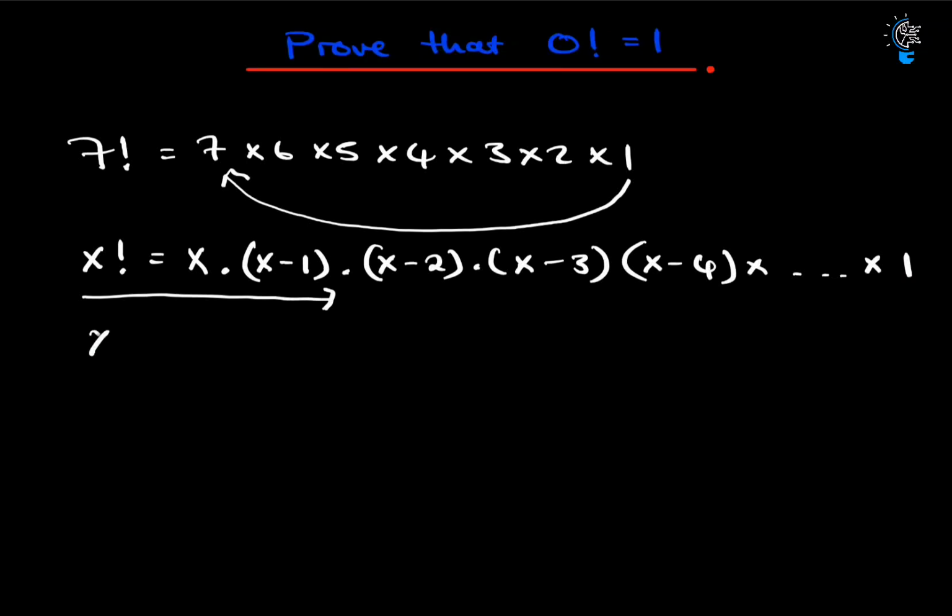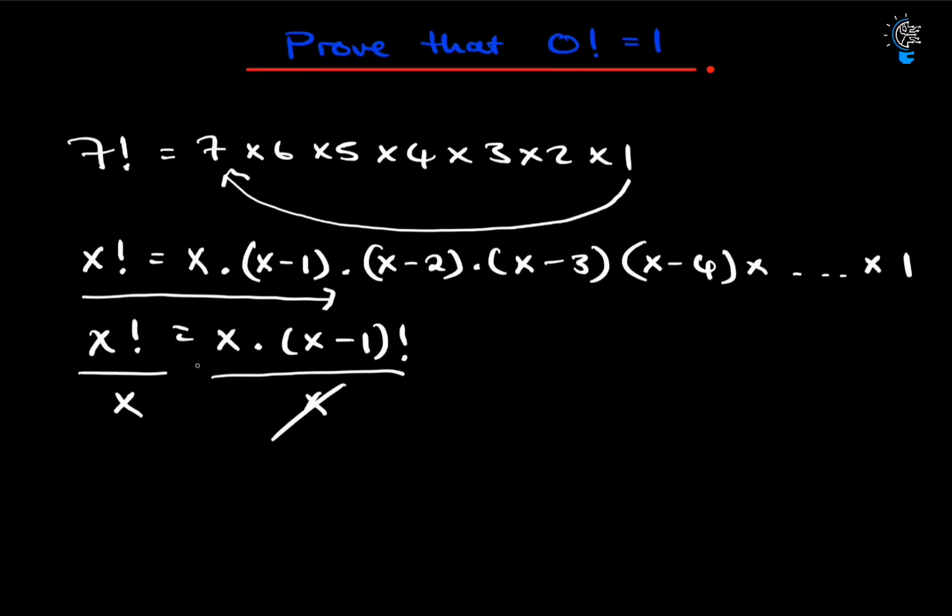So we can write this as x factorial is equal to x multiplied by x minus 1 factorial. The factorial on x minus 1 tells us that this can move on and on until we arrive at 1. Then from there, we can make a small amendment by dividing by x, so that this cancels with that.